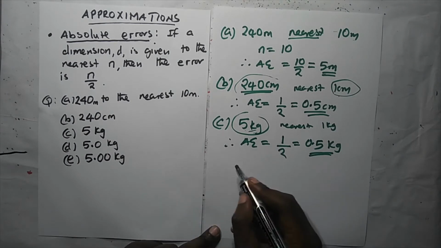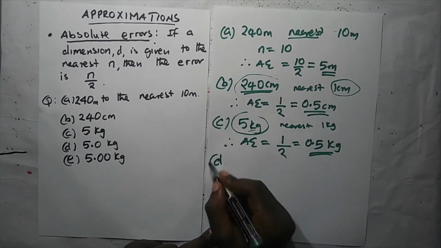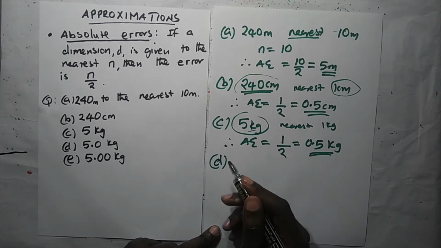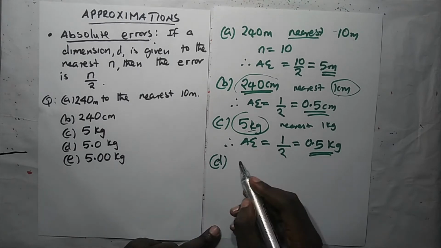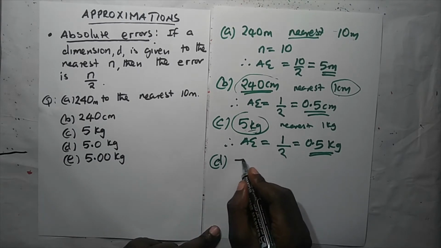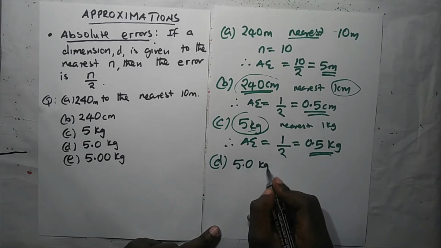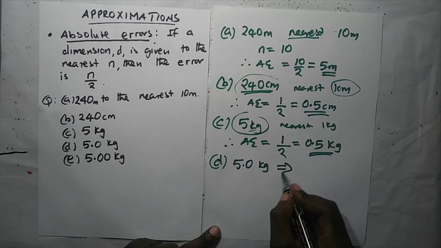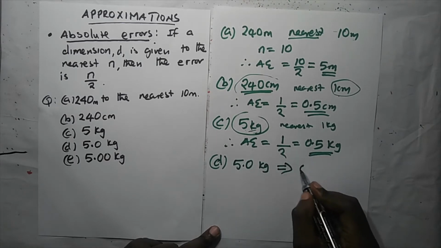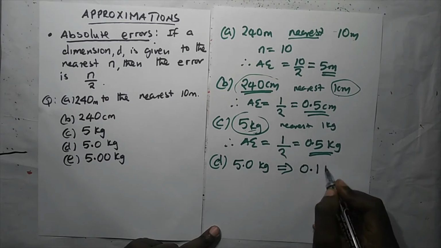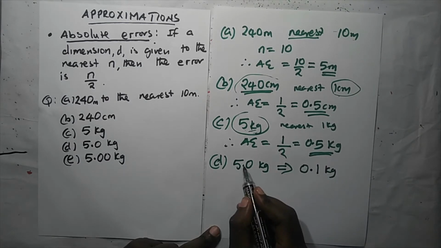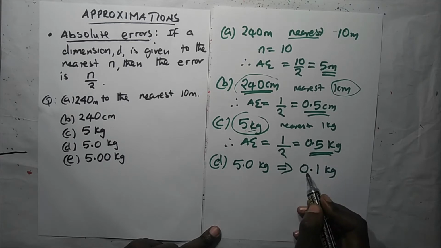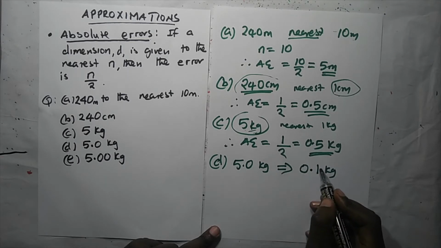And then the next one is D. It depends on the number of decimal places. Here we have 5.0 kgs. This one is measured to the nearest 0.1 kg. If you have 1 decimal place, the least measure will be 0.1.